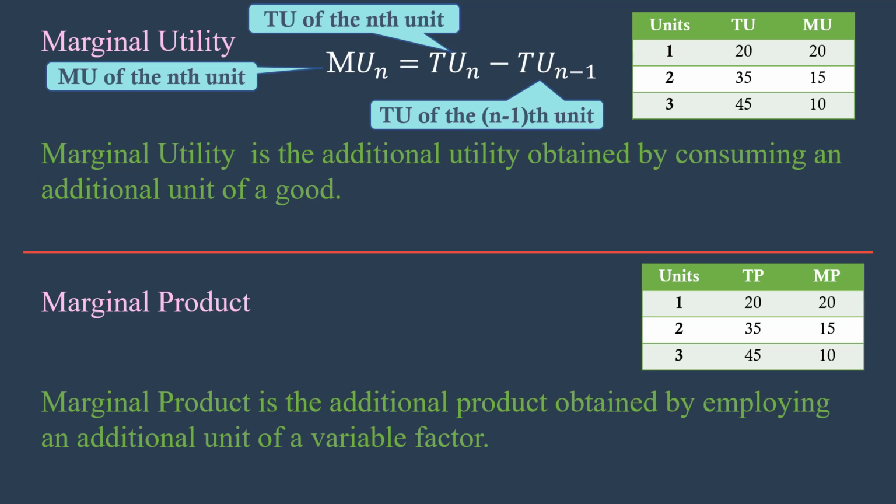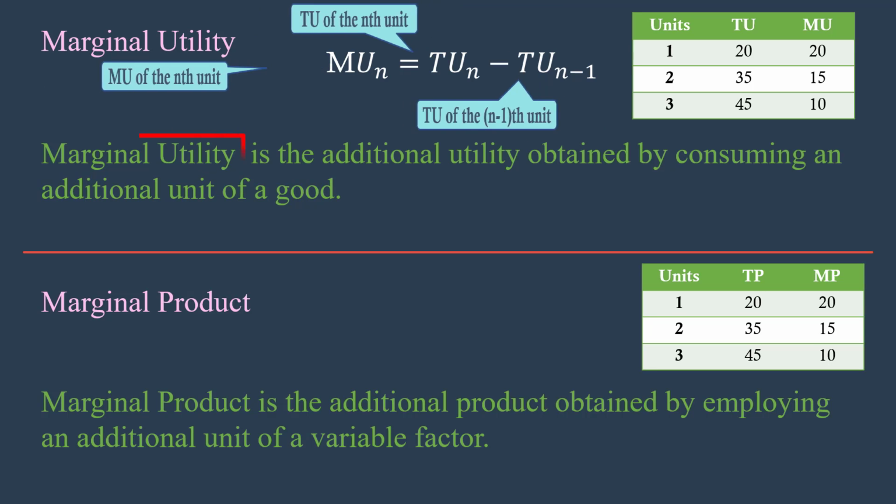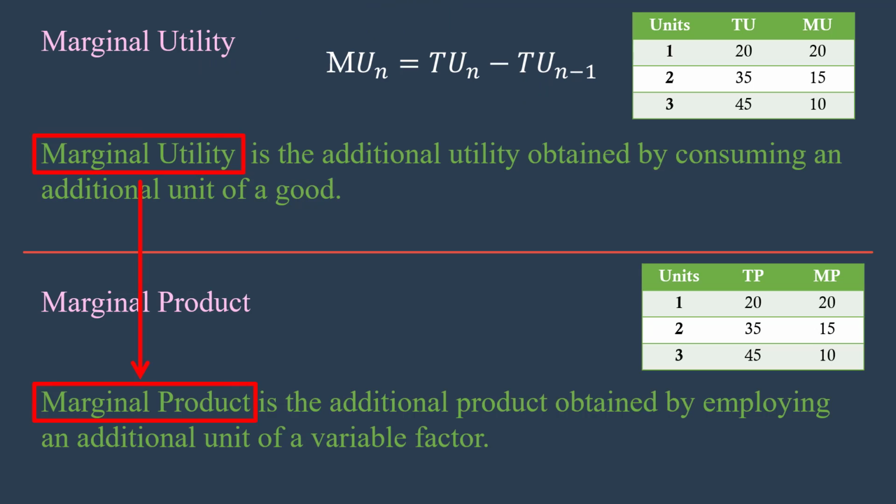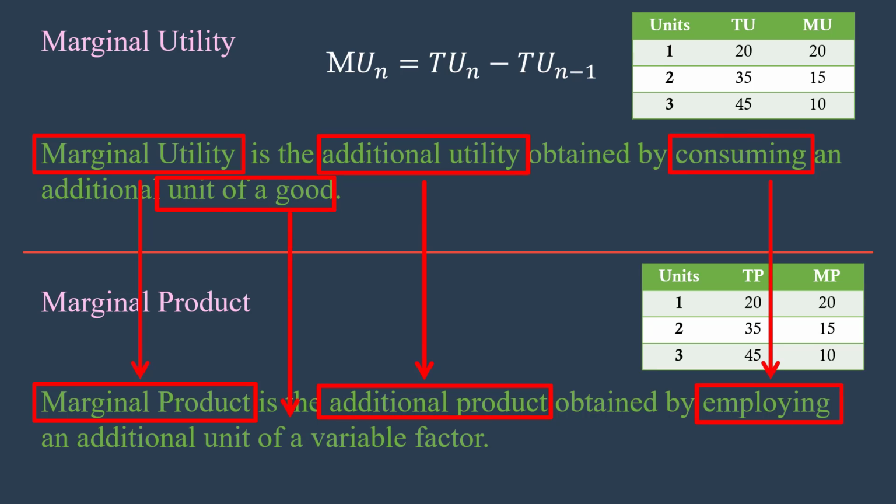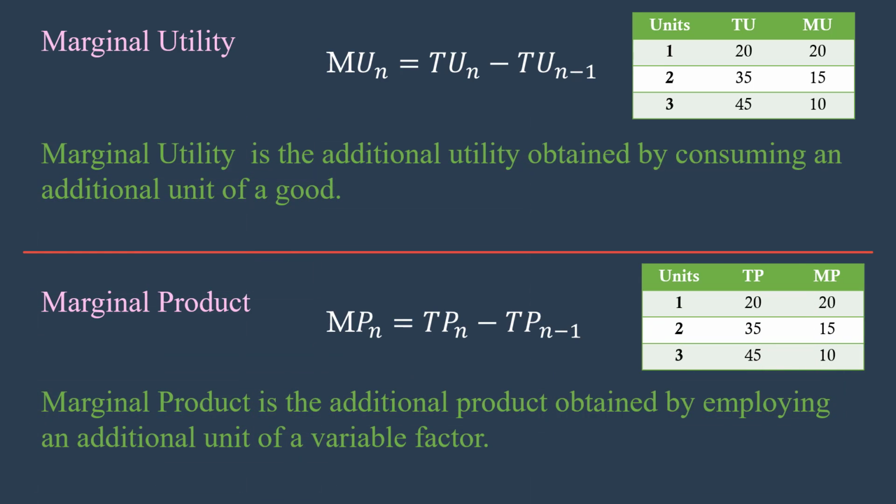The changes we have made are, we replaced marginal utility with marginal product, additional utility with additional product, consuming with employing, unit of a good with unit of a variable factor. Now, I think you have learnt the technique of deriving one definition from another. Don't forget to state the formula.